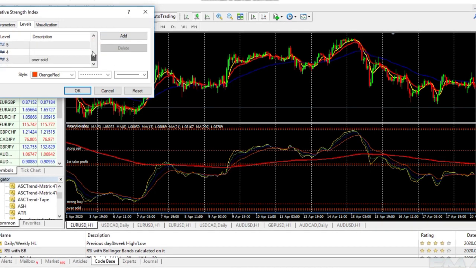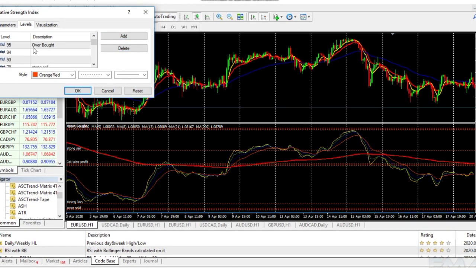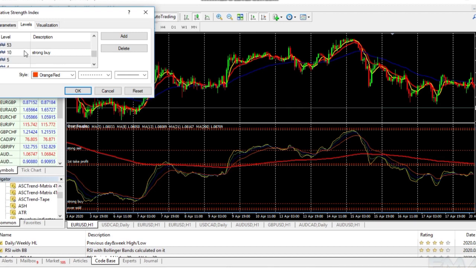To add levels, just click on add here, type in the number, then put in the name. So the levels: 95 overbought, 94, 93, then 70 strong sell, 55 take profits, 54, 53, 10 strong buy, 5, 4, 3 oversold. With this you're done with the setting.